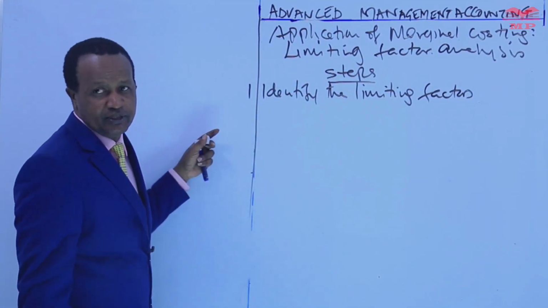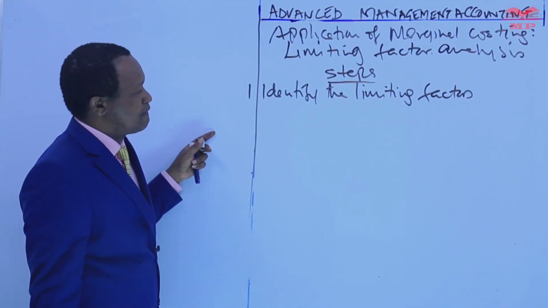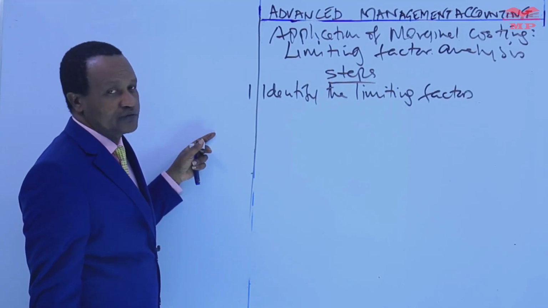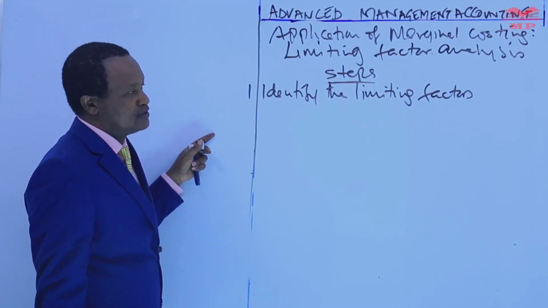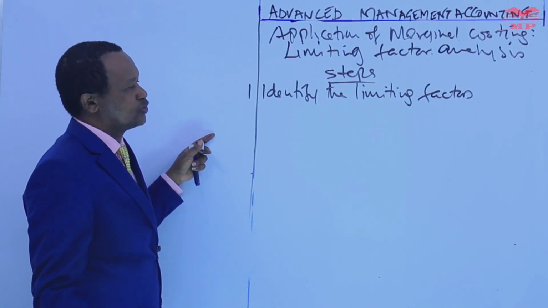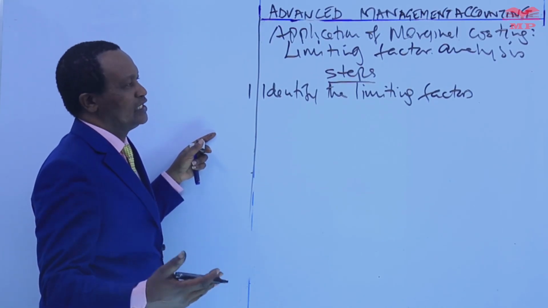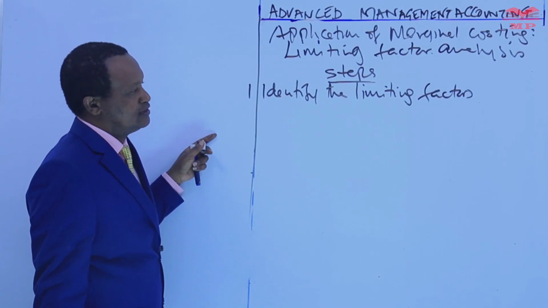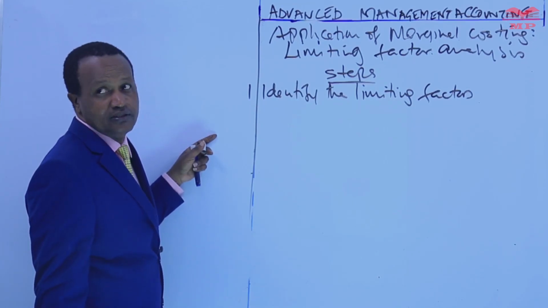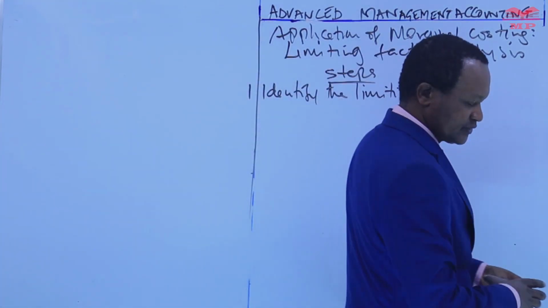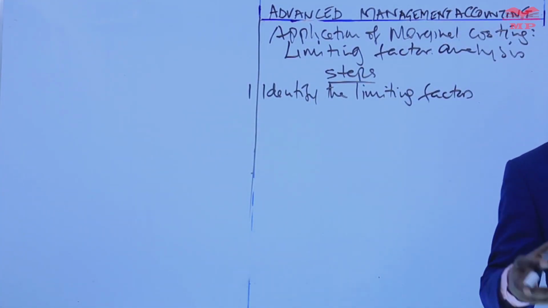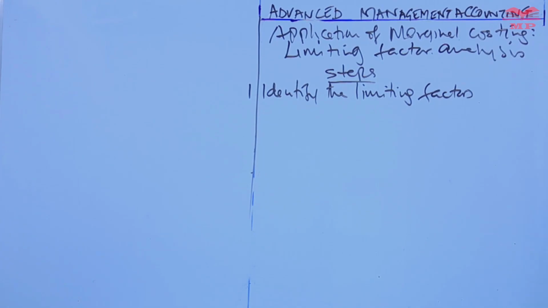And I've defined limiting factors. These are resources that are limited. Limited resource. So, step number 1, identify the limiting factor.